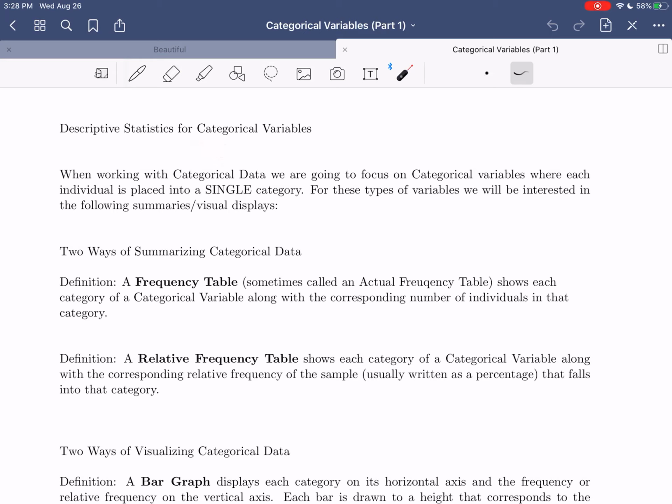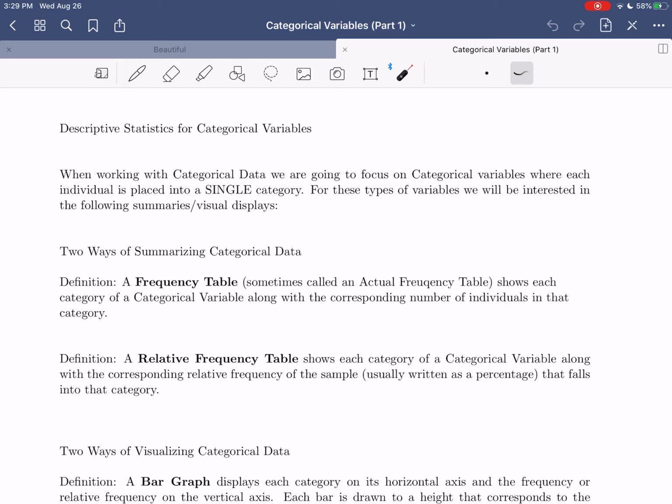So, for our class, when working with categorical data, we're going to focus on a very particular type of categorical variable, specifically one where each individual is placed into a single category. For these types of variables, we're going to be interested in the following summaries and visual displays. Before we talk about these ways of summarizing and visualizing categorical data, the reason we're going to be interested in these ones where people are placed into a single category is because in these situations, that means that the number of responses that you get directly matches the number of individuals in your sample, right?